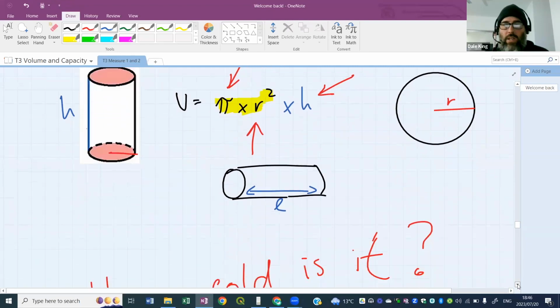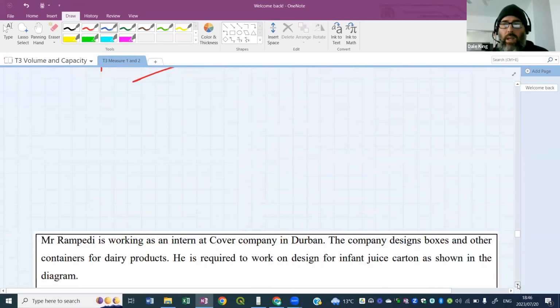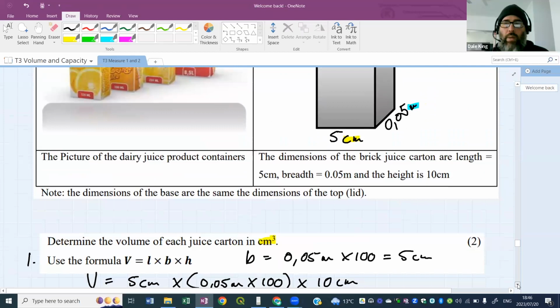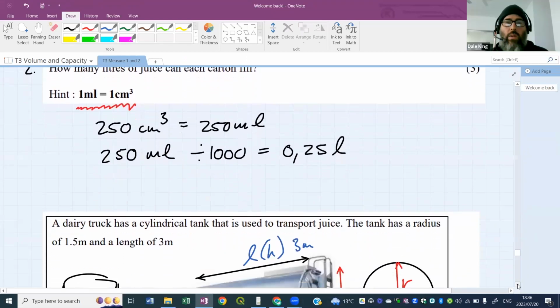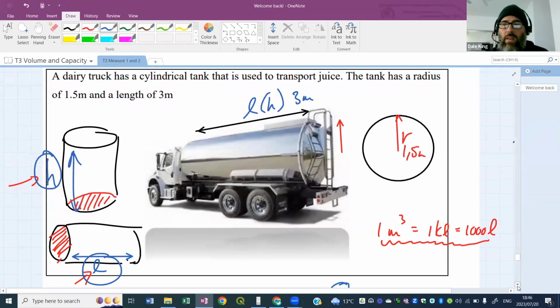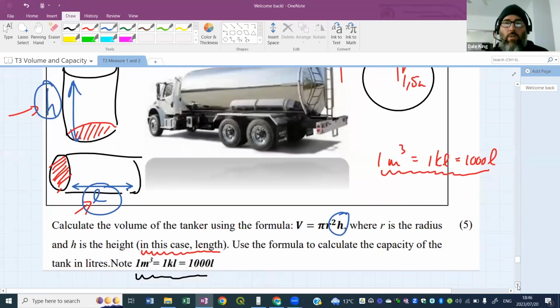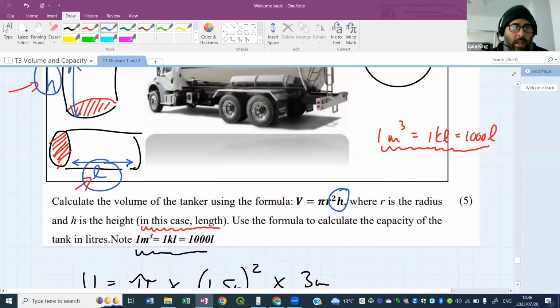In this question, they did remind you and say, don't worry, we have changed the name of it. When we say length, it actually means height. The formula is asking for a height, and they say in the bracket, H is the height, but in this case, it's length. Usually they don't write this part in brackets.